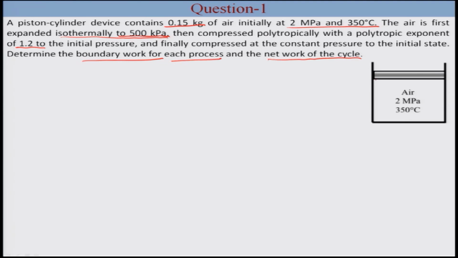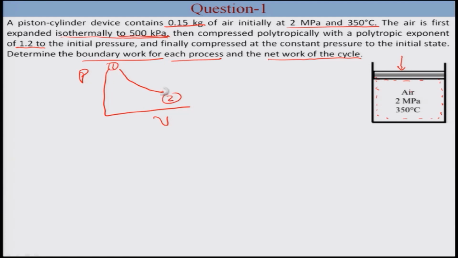So here we assume air as the system, and this piston will compress this air polytropically, and this air will expand isothermally as well. So if you see whole process on a PV diagram, from state 1 to state 2, this gas expands isothermally.